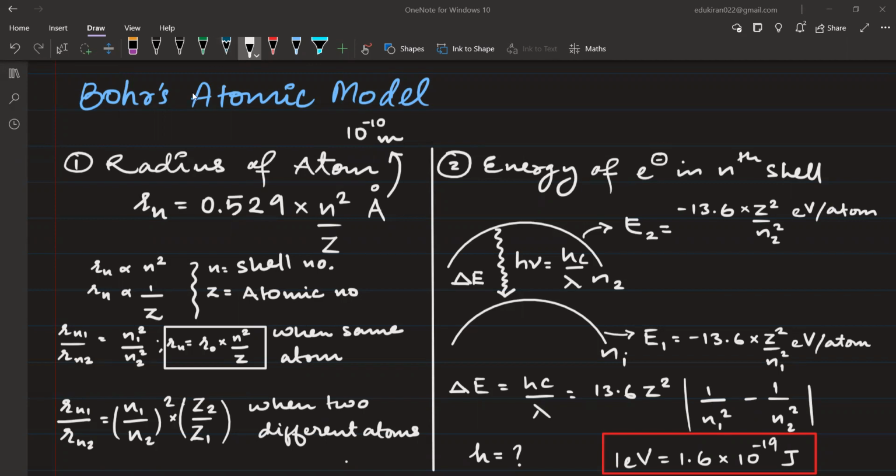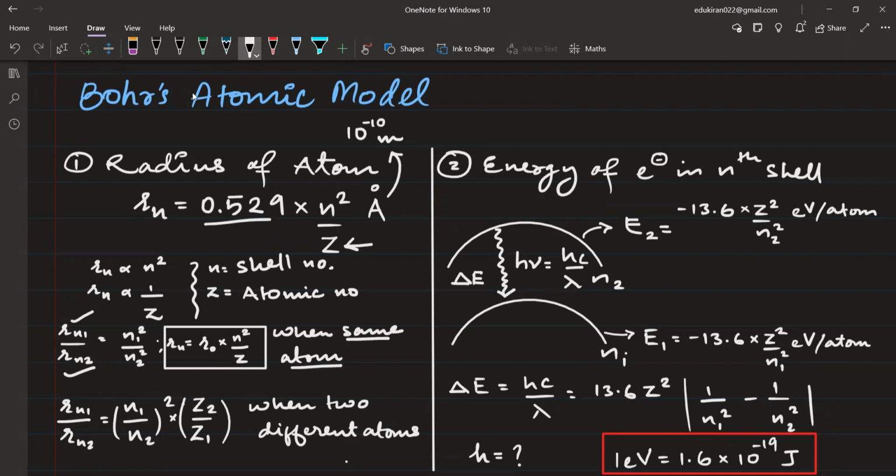Let us suppose you have the ratio of one shell divided by the ratio of another shell. This will be equal to what? N1 square upon N2 square if the atom is same. अगर atom same होगा, then 0.529, it is a constant. The atomic number will also be a constant. That means the ratio of the radiuses will be directly proportional to the ratios of the shell number only. Okay. And in general, you can also write Rn is equal to R naught, that is a constant, into N square upon Z when you have the same atom.